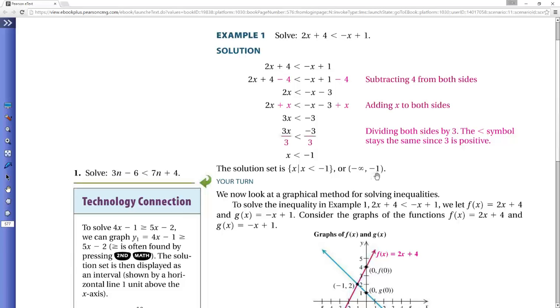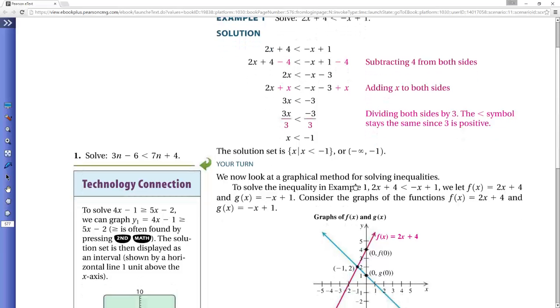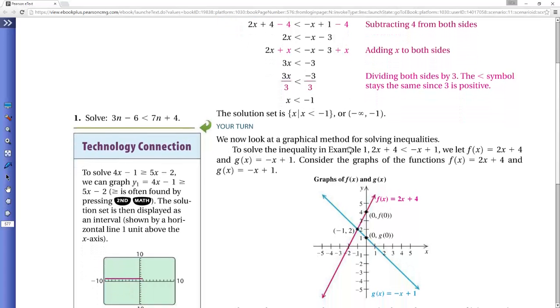This means that it's everything left of negative 1 all the way to negative infinity. This works probably in graphing when we talk about this. Instead of using open dots, they use this curved parenthesis to represent that it's very close to that, but not including that value.